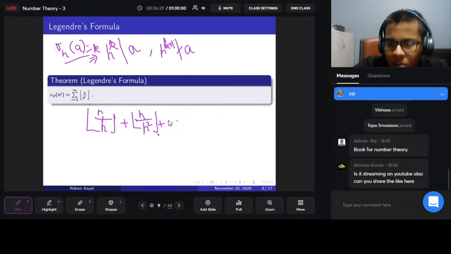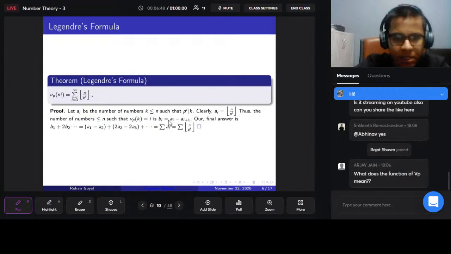Okay, awesome. Now with this in mind, we'll try to prove this theorem. The proof idea is actually very simple. Let's say A_i is the number of numbers less than or equal to n such that p to the i divides k.